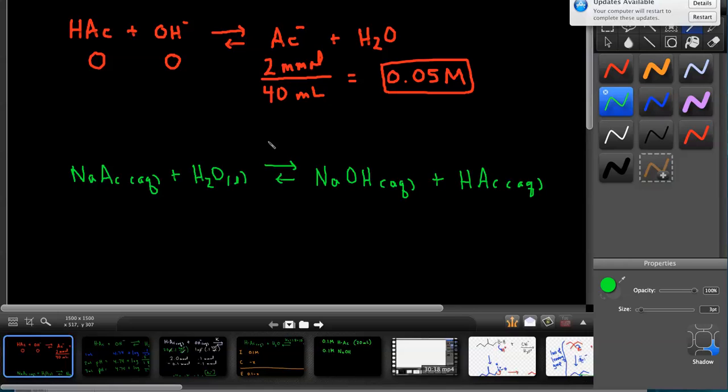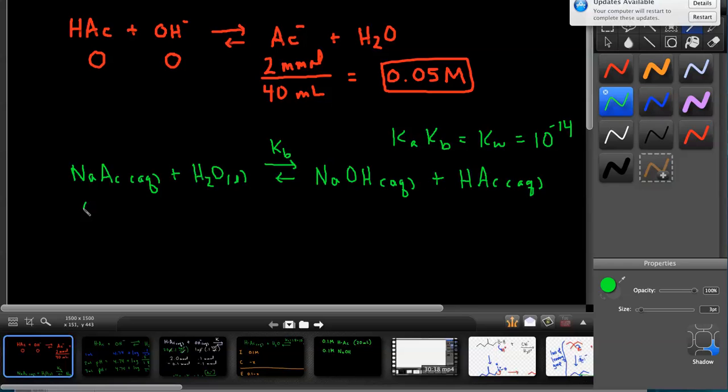This now is no longer Ka, but rather Kb. And we know that Ka times Kb is equal to Kw, which at room temperature is experimentally measured to be 10 to the minus 14.